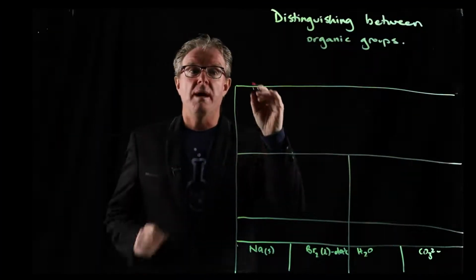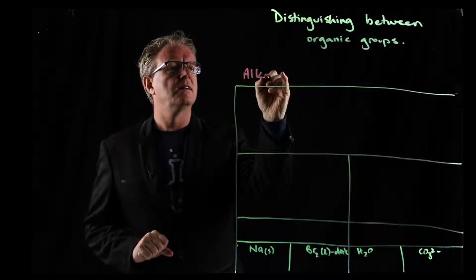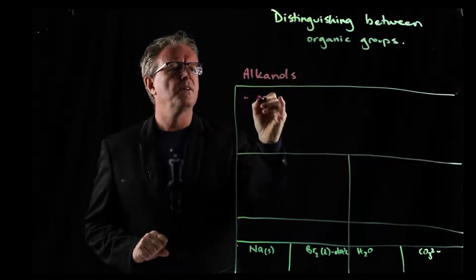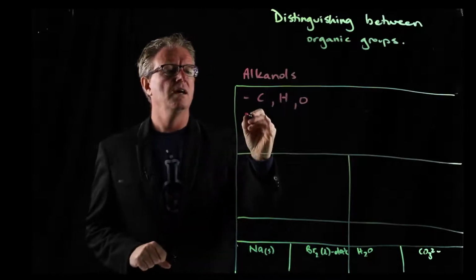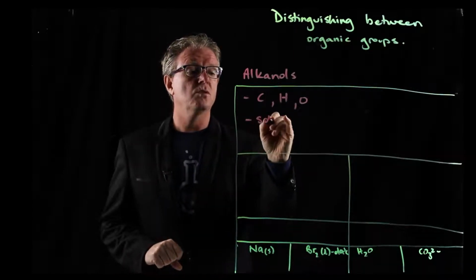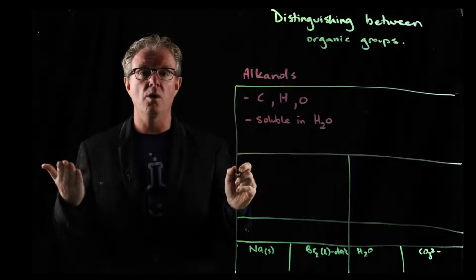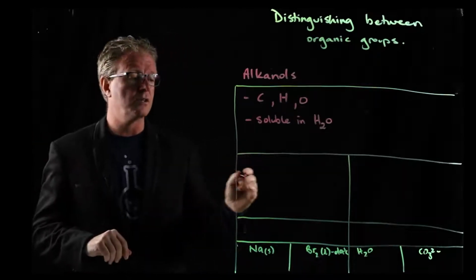All right, now let's look at some alcohols or alkanols. They're predominantly carbon and hydrogen and oxygen. Okay, they are soluble in water. Why? Because they've got the OH functional group.